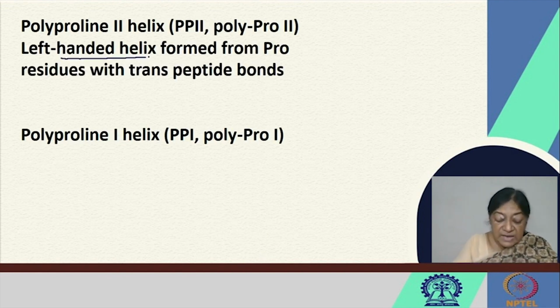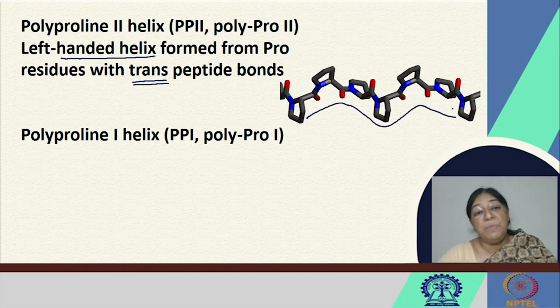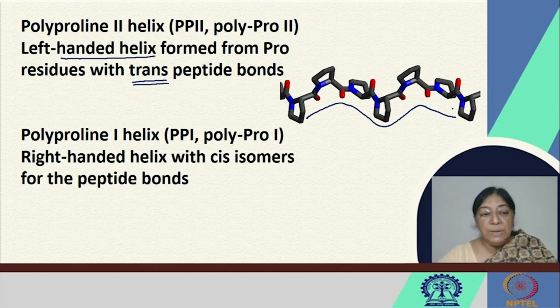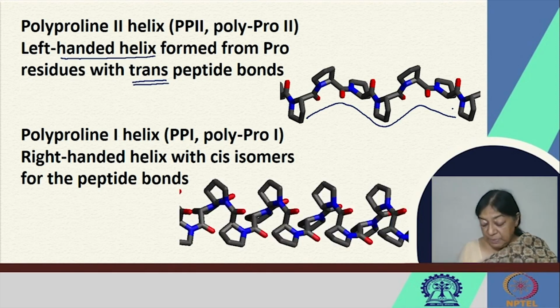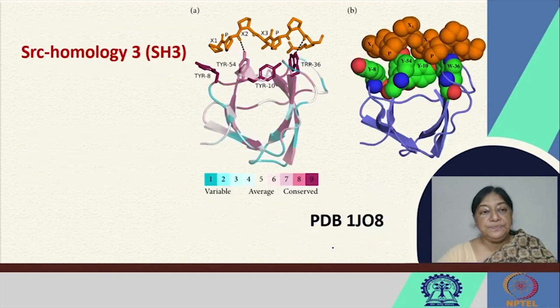These are left-handed helices that are formed mainly from trans peptide bonds, and they appear in this fashion. And this is what is recognized by these specific types of domains that recognize a polyproline PP2 type helix. For the polyproline 1 type helix, the PP1, we have right-handed helices with cis isomers for the peptide bonds. So the polyproline helix in this type appears in this fashion.